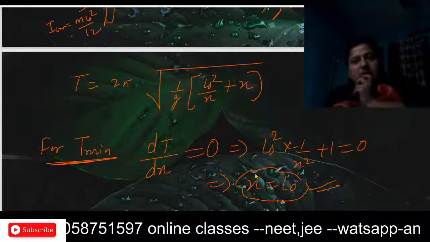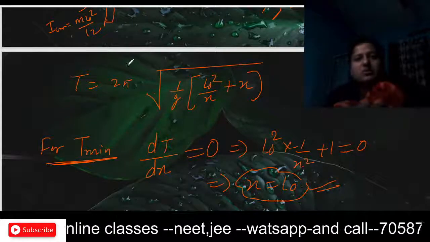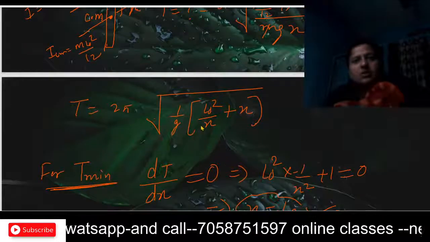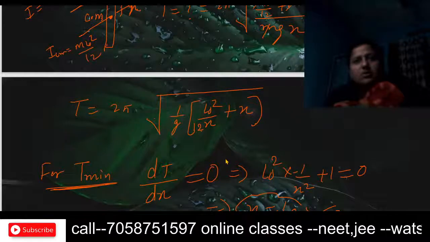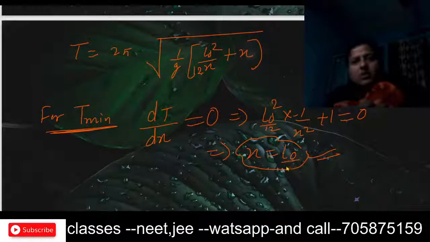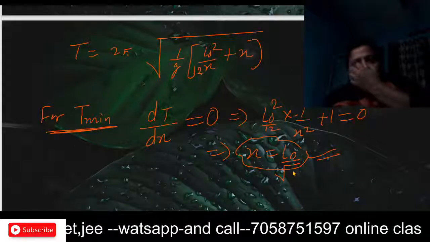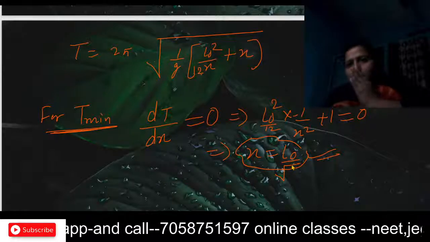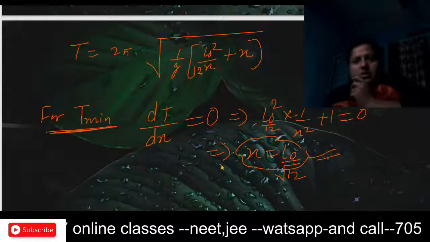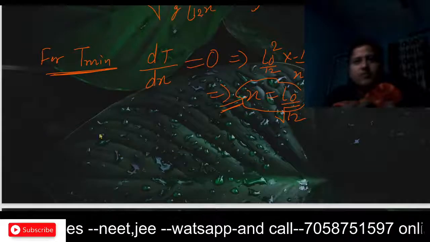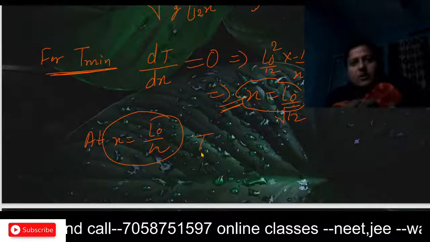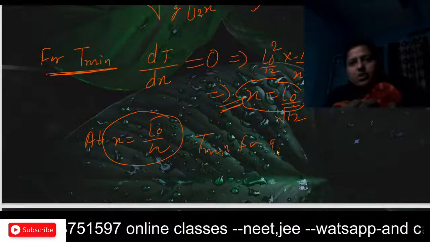Putting x equals L0 by root 12, so this is the required position. So at x equals L0 by root 12, the time period is minimum for a rod.